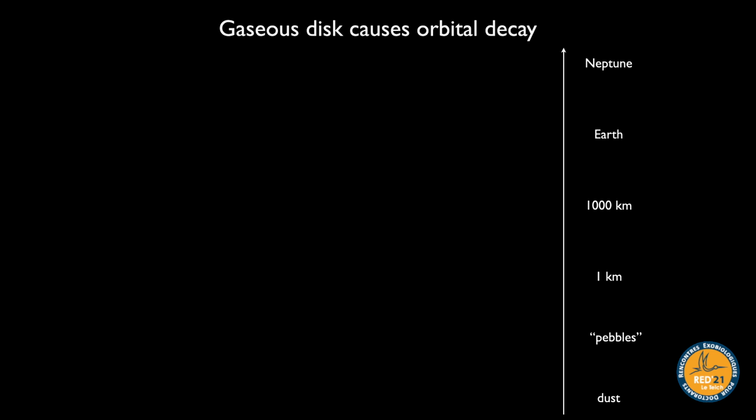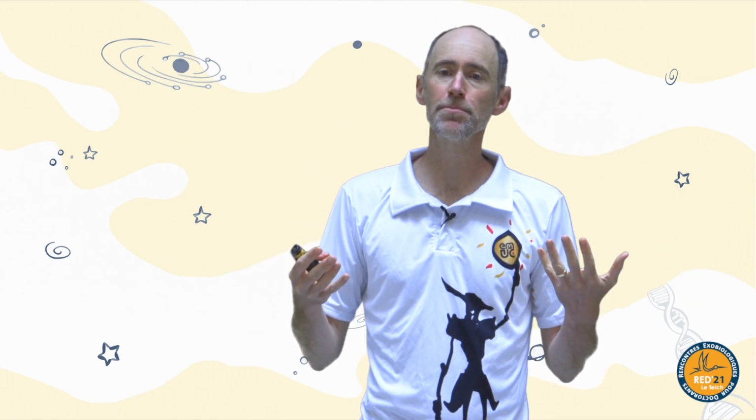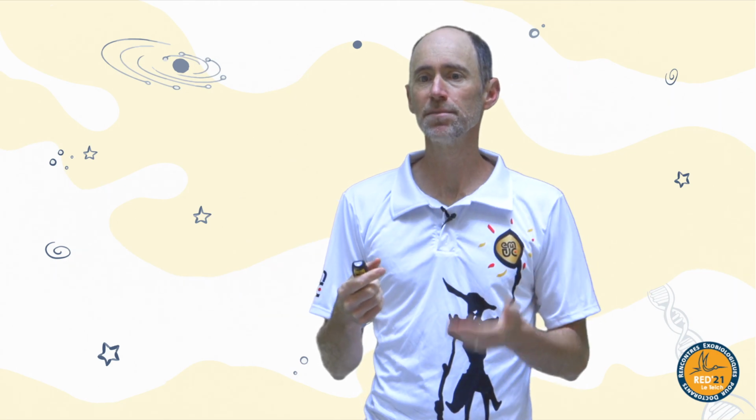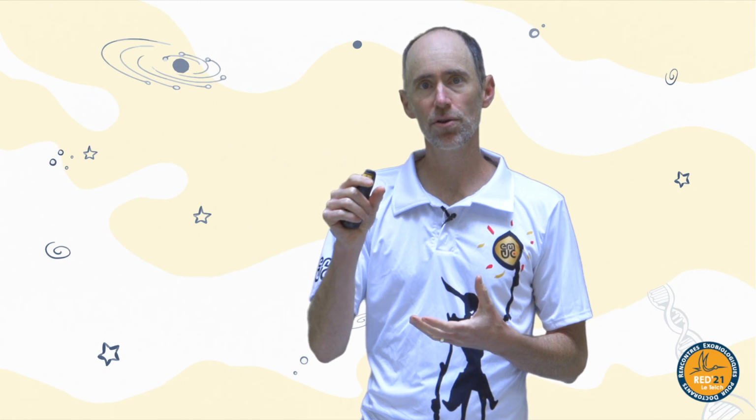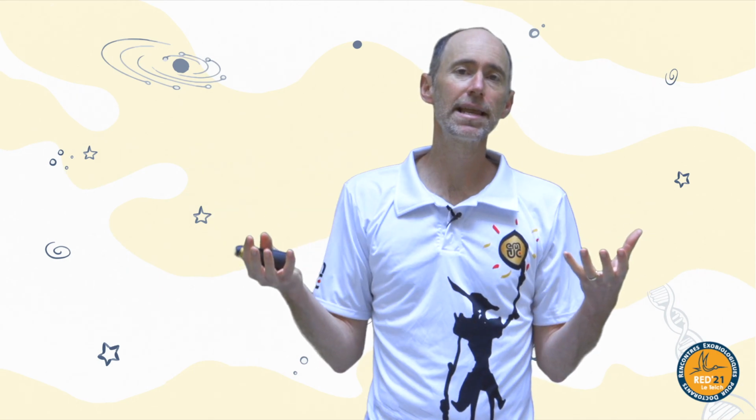And so the reason that those curves happened at very small sizes and very big ones, the inward drift of material, either as the size of pebbles or as the size of large planetary embryos, is because of how fast things drift. And again, we talked about this a little bit last time, because of a headwind between small growing objects and the gas, things that are small can drift inward because of aerodynamic drag.